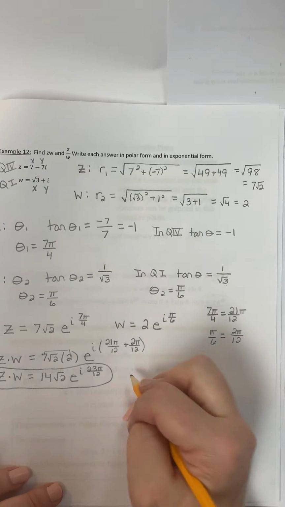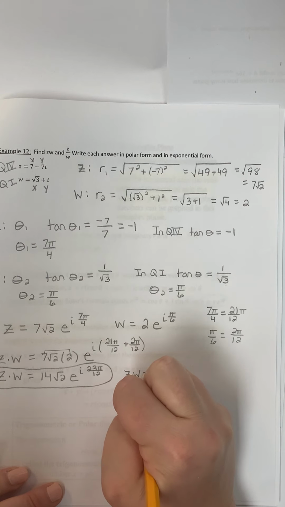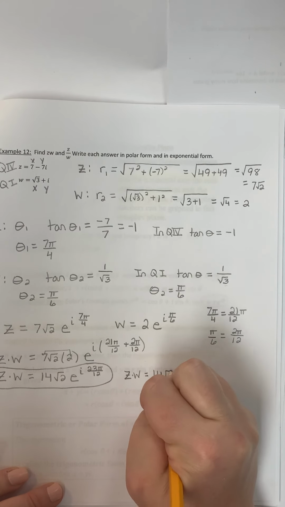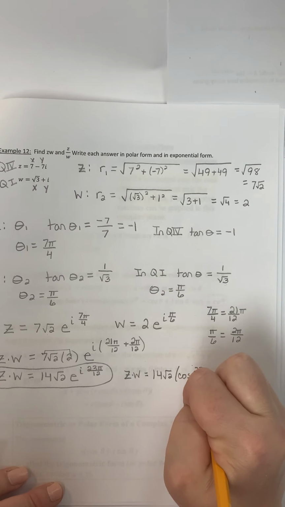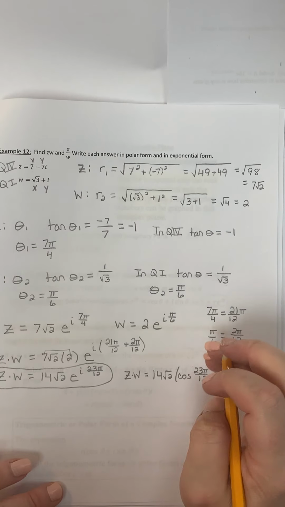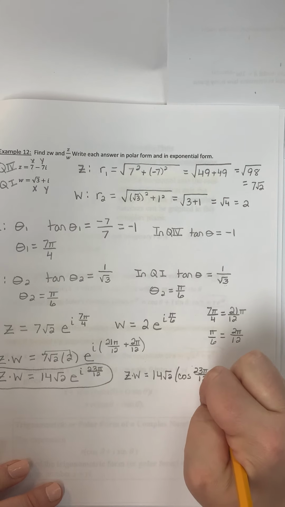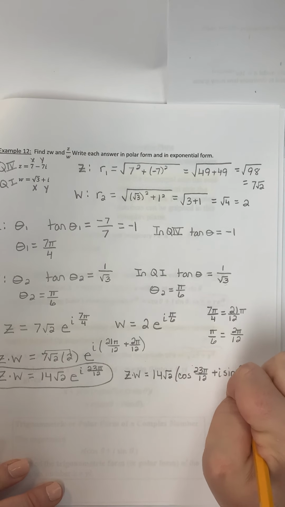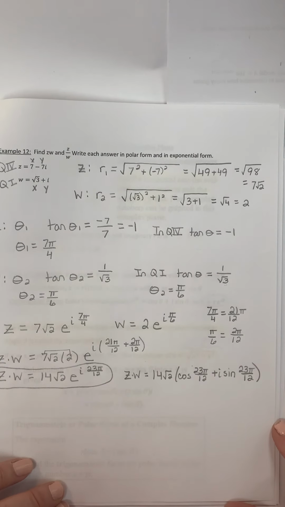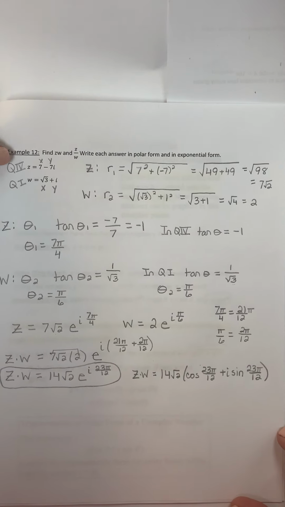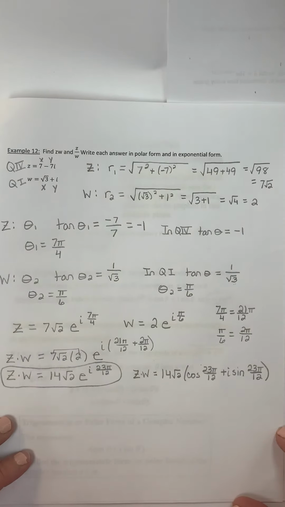If you wanted to write that in polar form, here's your r, cosine of 23 pi over 12 plus i sine of 23 pi over 12. There we go. Okay. All right, let's do a division.